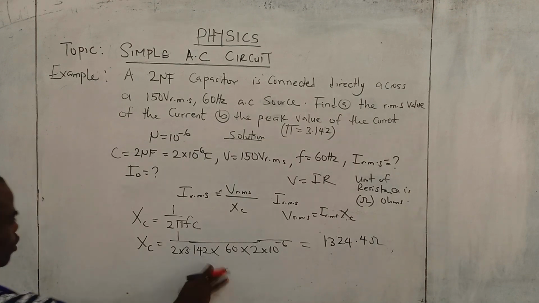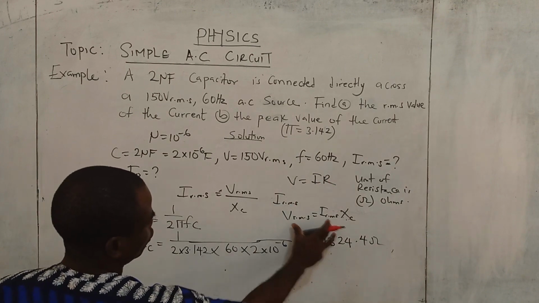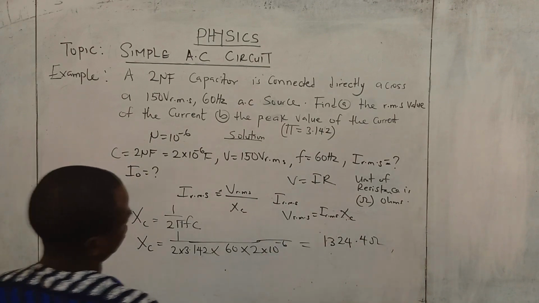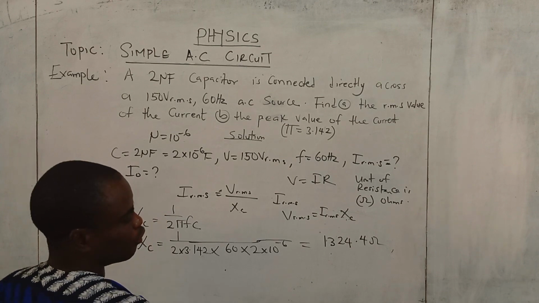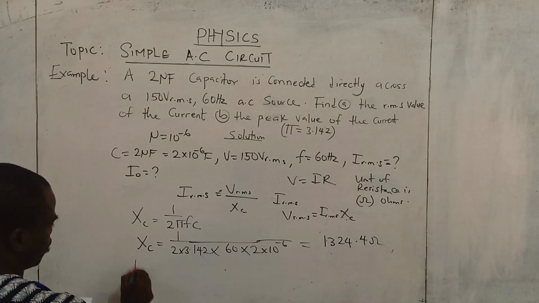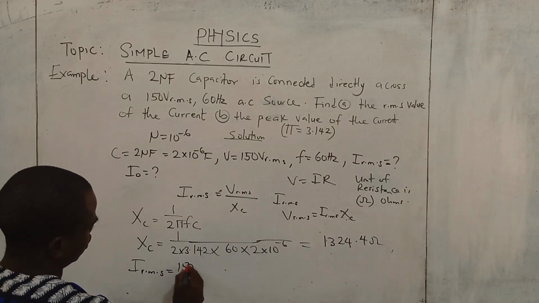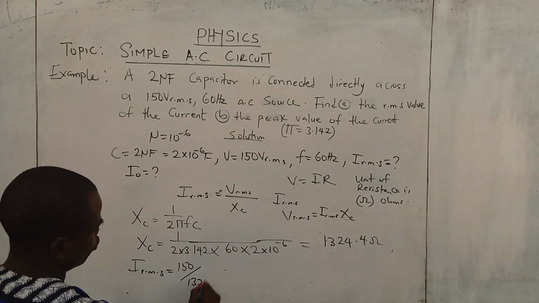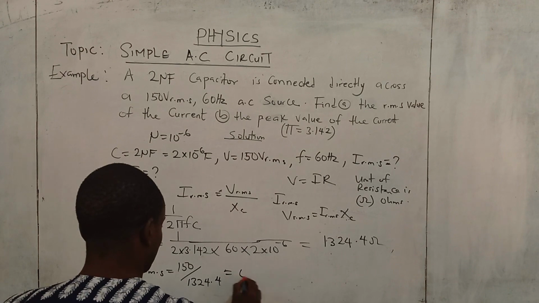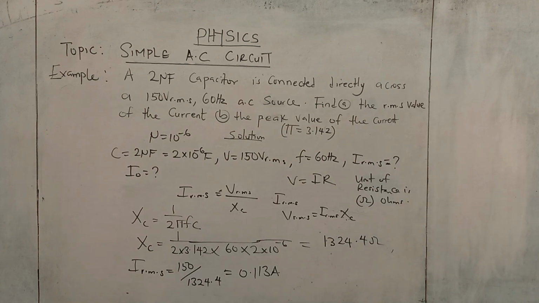Now go back to the formula, relating Ohm's law V equals IR to V equals I Xc. It's still the same thing, but we put the capacitive reactance, which offers the opposition to the flow of AC current. Now I root mean square equals V root mean square, which is 115, divided by 1324.4. Press your calculator, you get 0.113 ampere. That is the value for I root mean square.